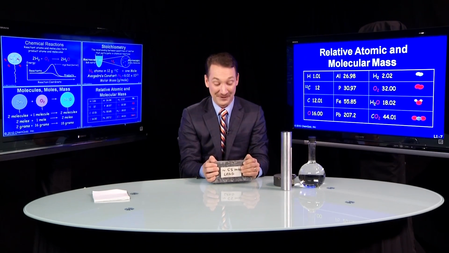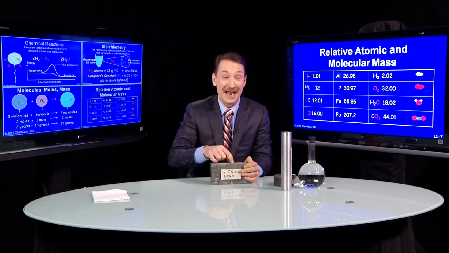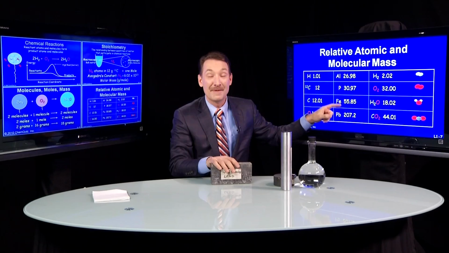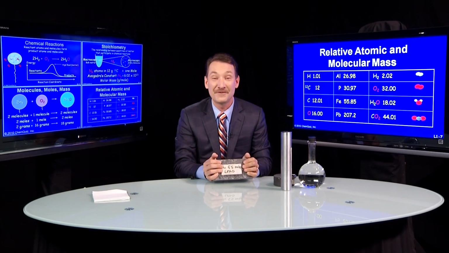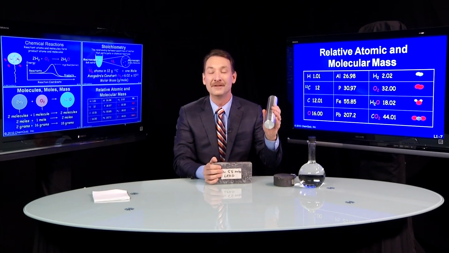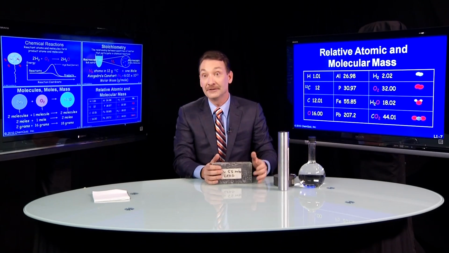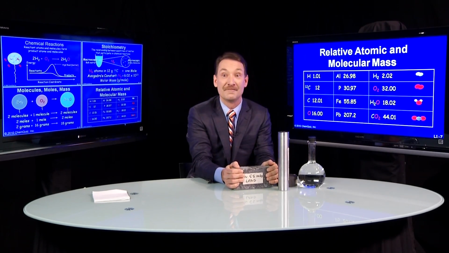Here's 55 moles of lead, very massive, because each lead atom is something like 8 times the mass of the aluminum atoms. So very much more massive, 55 moles of lead than 55 moles of aluminum. Both the same number of particles, but each lead particle is something like 8 times heavier. So that's a lot of mass.